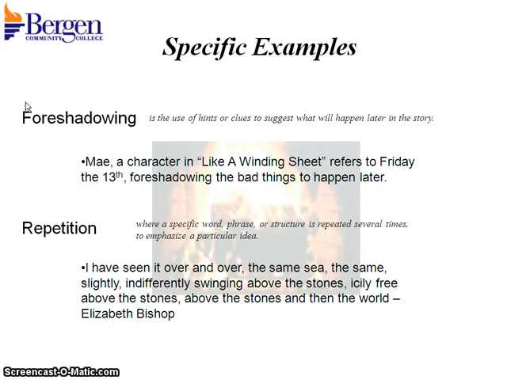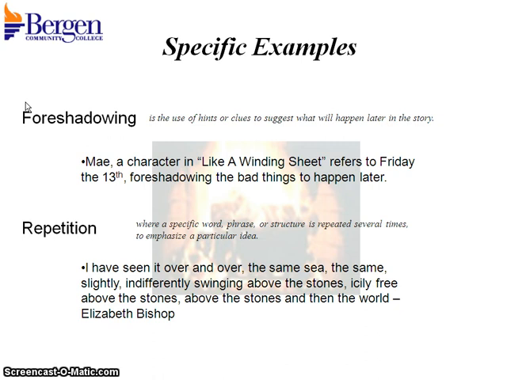And the last thing that we're going to look at is repetition. Repetition can be used in fiction, poetry, and speeches. It, of course, is something that is being repeated, and it's emphasizing an idea, or maybe in poetry it's emphasizing just a feel and a sound.